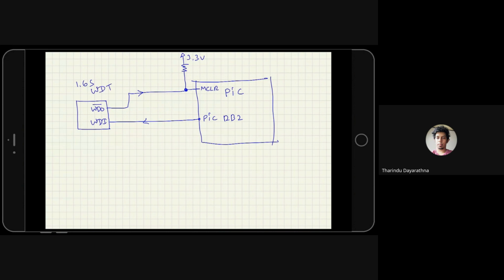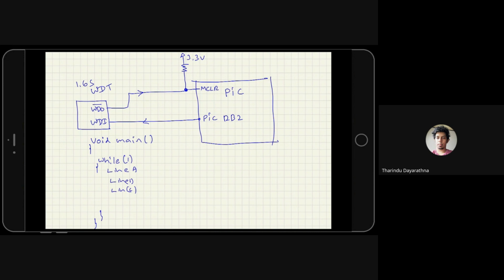So this is how it works. Similar to the previous case, void main, while one instead of true. We have line A running, line B running, line C running.